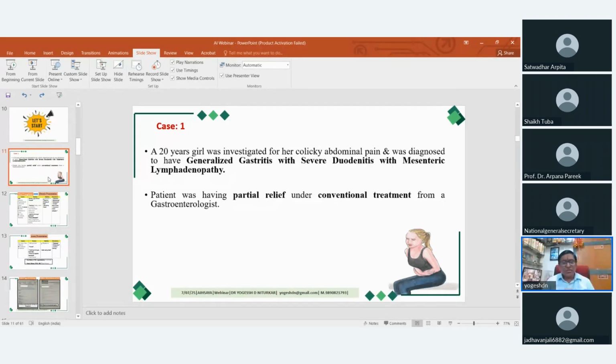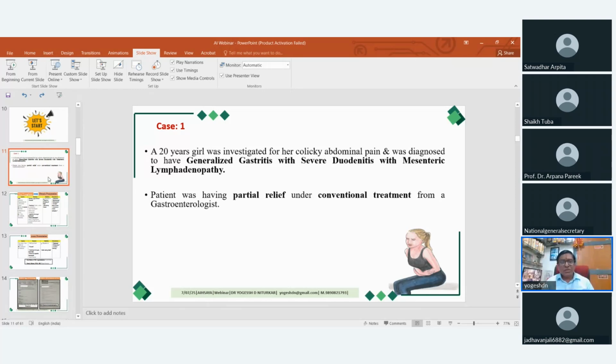So this is the first case, where a 20-year-old girl was investigated for her colicky abdominal pain, and she was diagnosed to have generalized gastritis with severe duodenitis with mesenteric lymphadenopathy. Now this is a mixed picture, two similar types of diseases and one dissimilar type of disease: the same location, same pathology, and another in a different location, or we can say the lymph nodes are in the abdomen only, but the way in which the immunity is involved has to be understood.